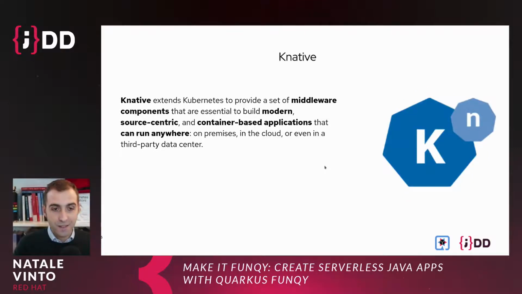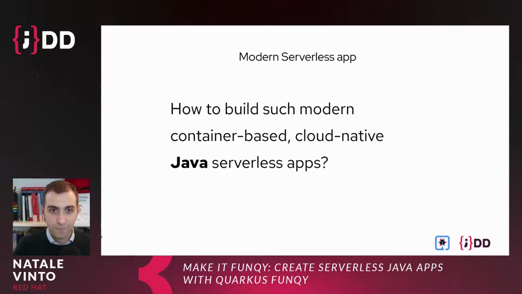And Knative is a project that allows you to write serverless applications on top of Kubernetes. The cool thing is that you don't care where, can be public cloud, private cloud, hybrid cloud, whatever, it can run everywhere. So you just need Kubernetes and Knative, and you write your function, and we will see in the demo how we can deploy such a function with ease.